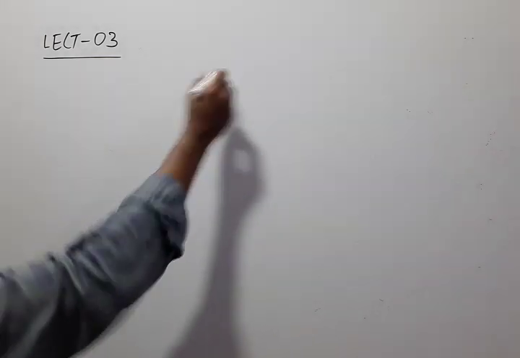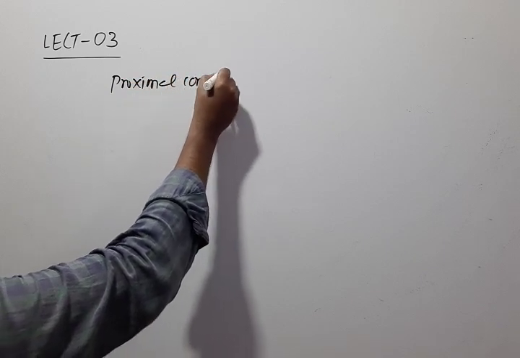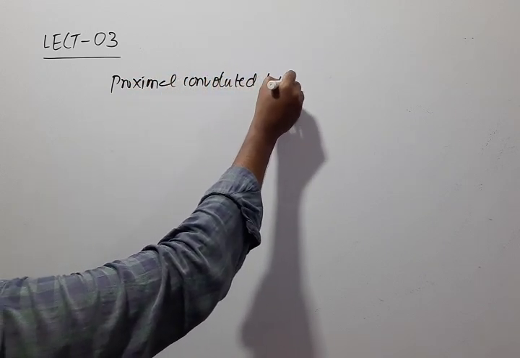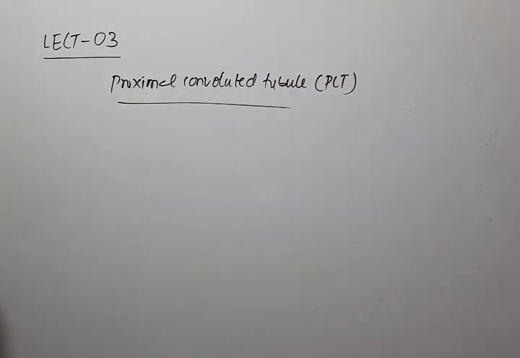So first, we'll see about the proximal convoluted tubule. In short, we call it the PCT.